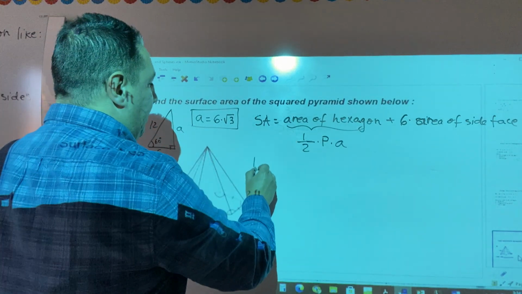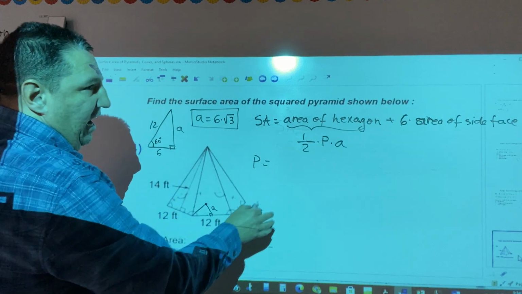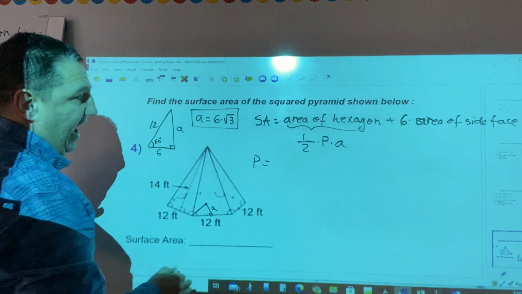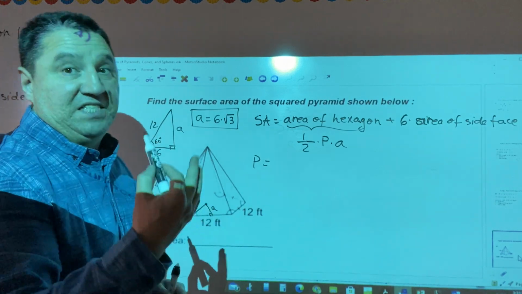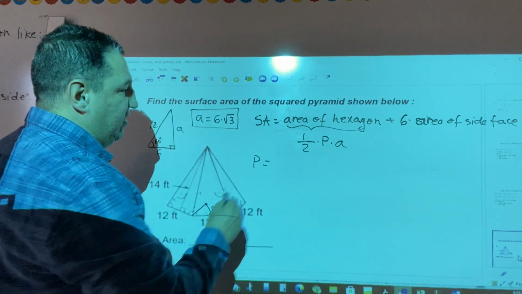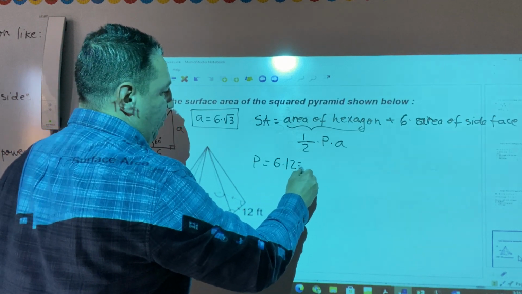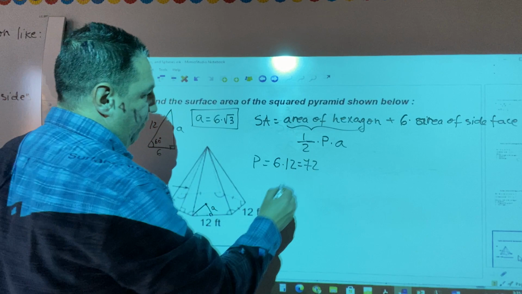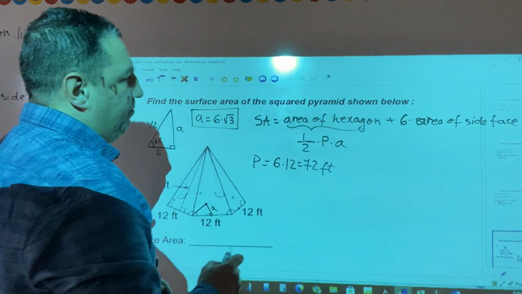The perimeter of the hexagon would be the sum of the lengths of the sides of the hexagon, because all sides are the same, and there are 6 such sides. The perimeter would be 6 times 12, which is 72 feet. Right? Good?